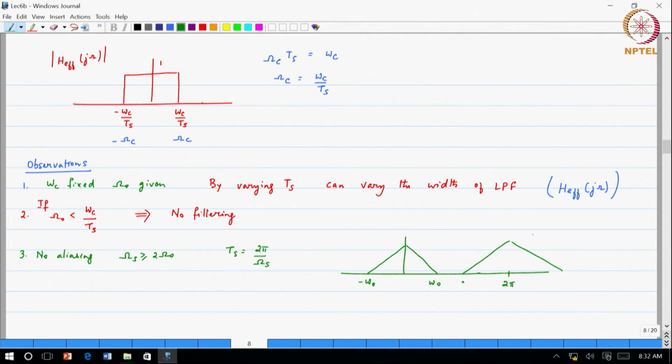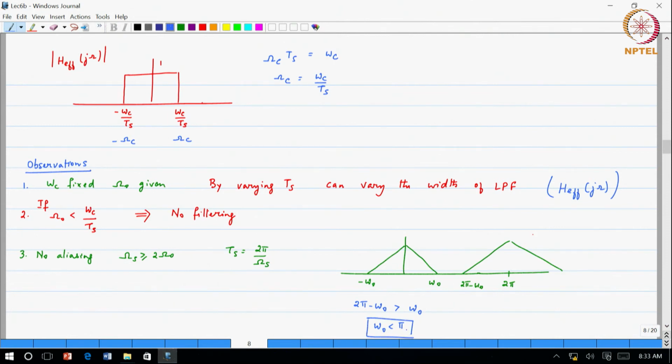This frequency is going to be 2 pi minus omega naught, and the condition for no aliasing will be, just like we wrote down the condition for aliasing in the continuous time domain, 2 pi minus omega naught must be greater than omega naught, or in other words omega naught, the highest frequency component, must map to less than pi.